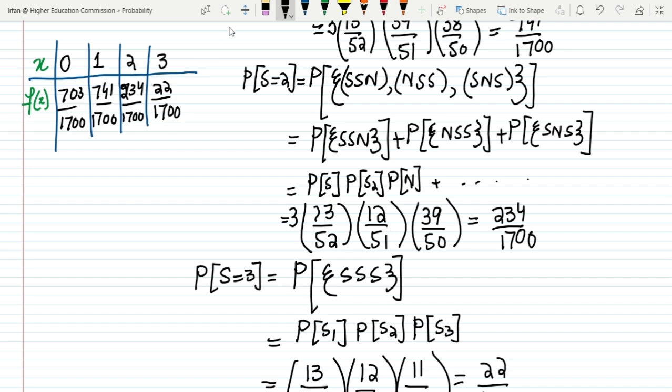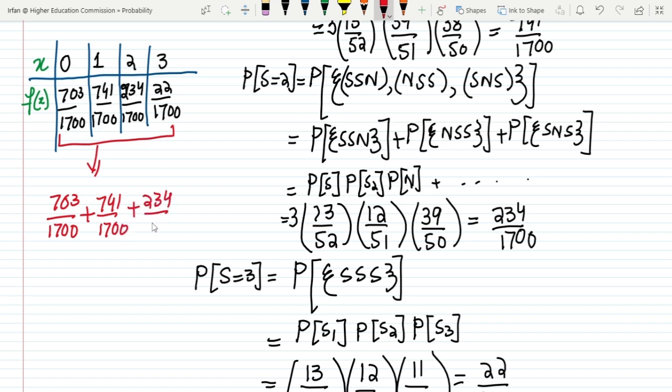So once you add them all together: 703 divided by 1700 plus 741 divided by 1700 plus 234 divided by 1700 plus 22 divided by 1700.